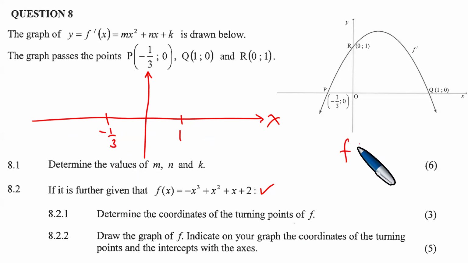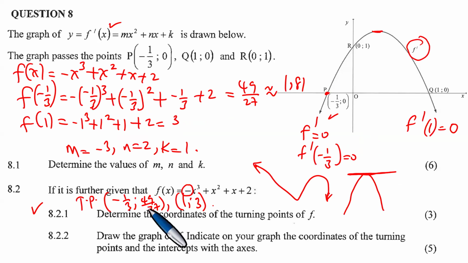You have already seen that when x is minus 1/3, those turning points you've already got. We got f of minus 1/3, and it was 49 out of 27.